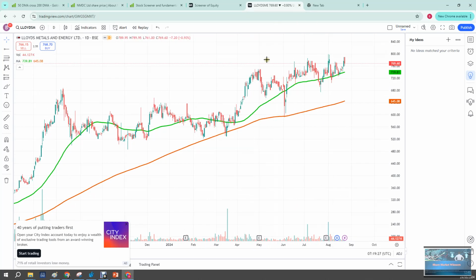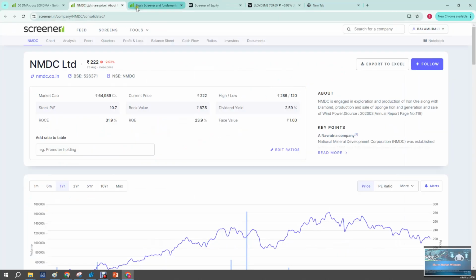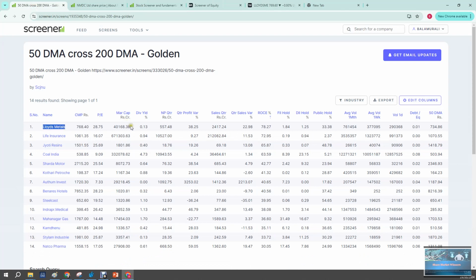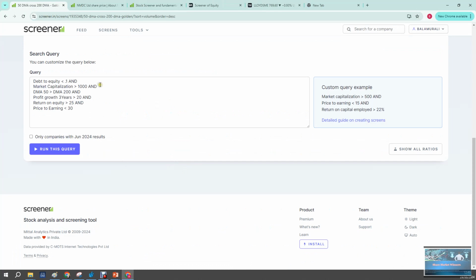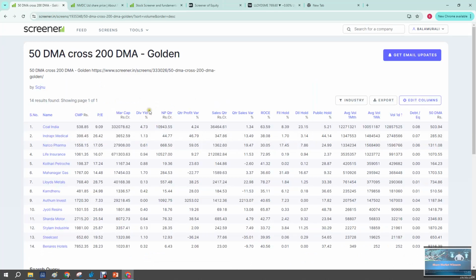The screener outcome you are seeing here is just whatever is getting reported, but you need to check volume, and whether it has recently crossed or has already crossed, because the script is written based on how they are thinking. So you need to refine this script according to your own criteria, which will give you a potential outcome.